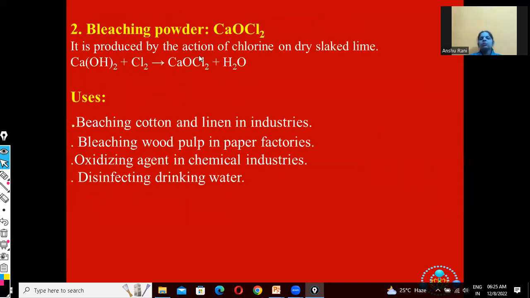Second is calcium oxychloride, also known as bleaching powder. This is prepared by the reaction of calcium hydroxide with chlorine. See how? Ca(OH)2 is combining with chlorine.